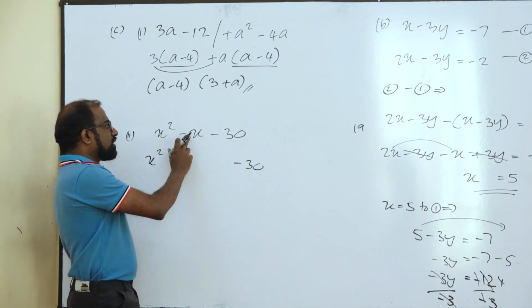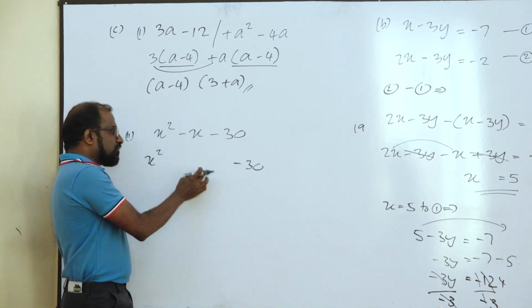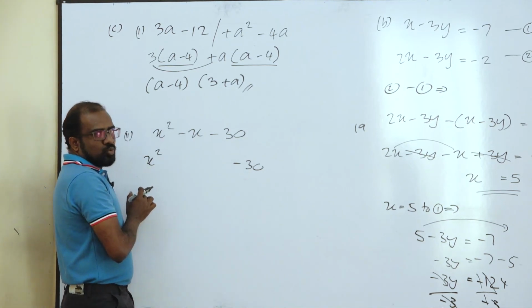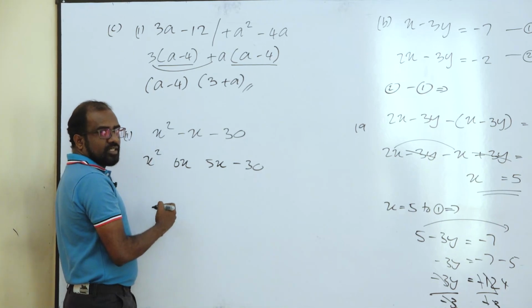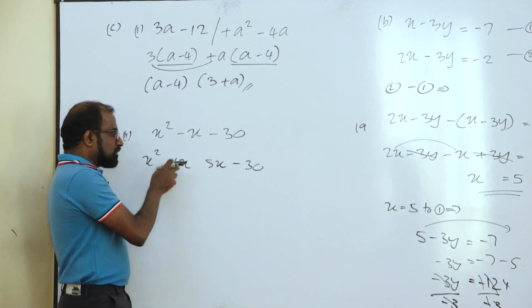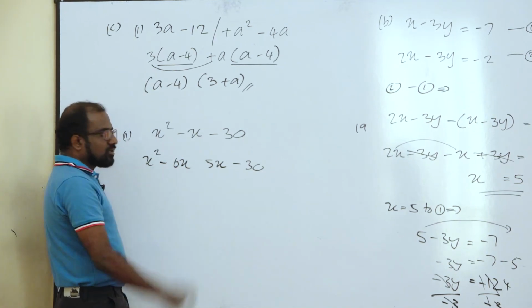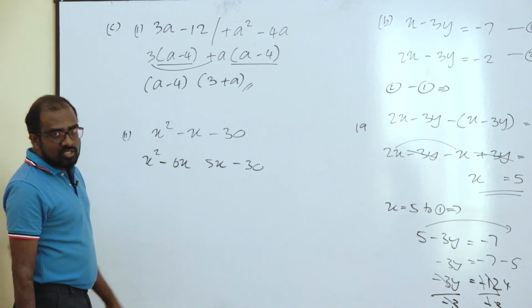So, how can you get 1? You have to find two numbers. When you simplify, you have to get 1. When you multiply, you have to get 30. So, what are the two numbers? 6x and 5x. Why should you put the largest number first? Then the symbol can be directly put here. Because we know when you simplify, the symbol comes from the largest number.